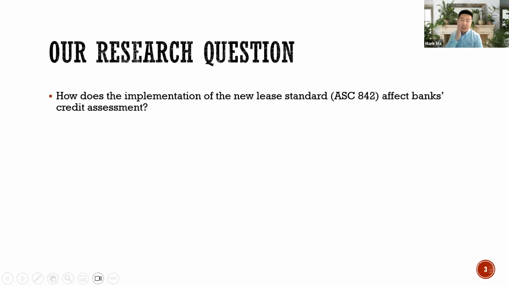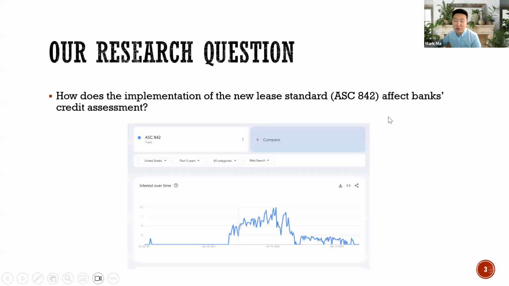So our research question is, how does the implementation of the new lease standard, ASC 842, affect banks' credit assessment? To show that this standard is still relevant, I checked Google Trends this morning.